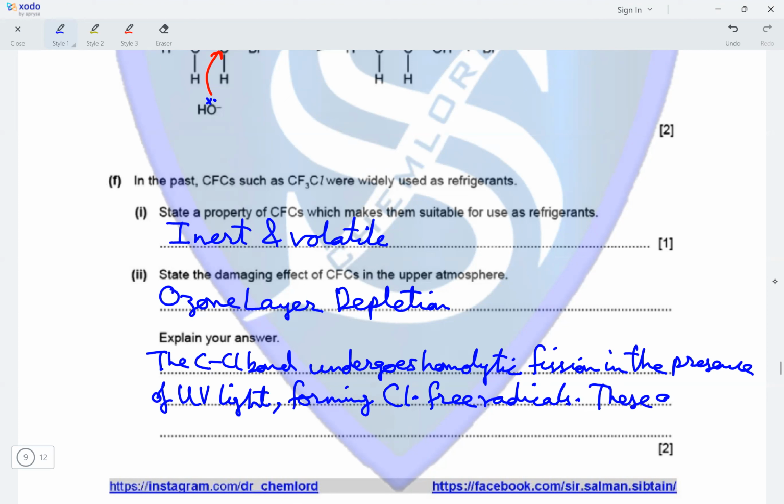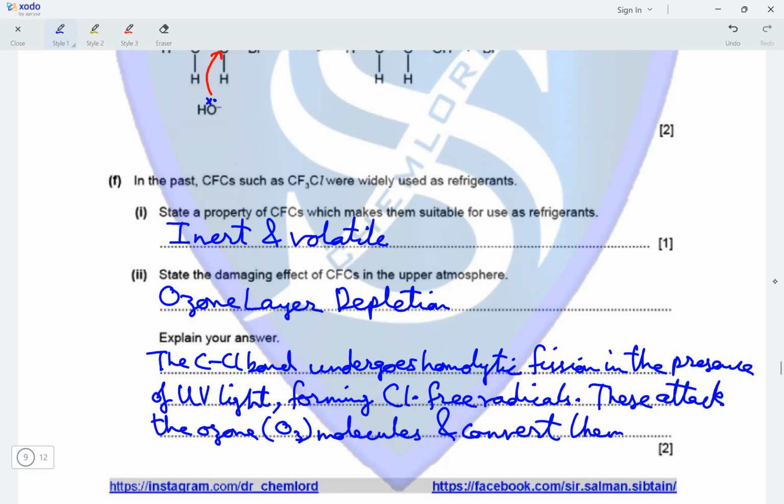These attack the ozone molecules and convert them into oxygen.